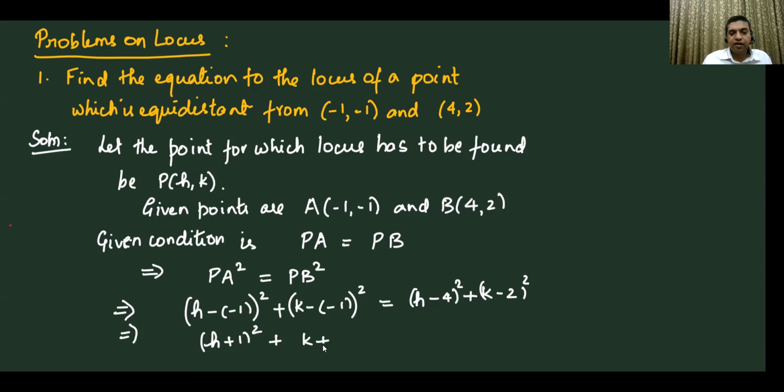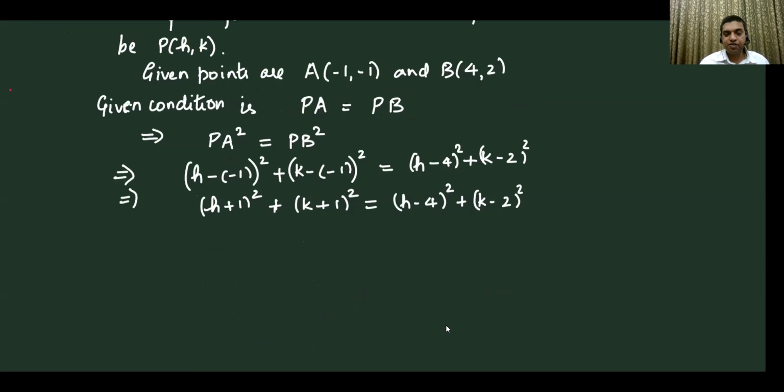With practice, you will write directly. In the beginning stages, I'm just writing each step very carefully for you. And remember, in your boards, you should write all steps very, very clearly. But when you come to competitive exams, you should be able to skip steps and jump ahead. All right. So now you see this. Expand this.